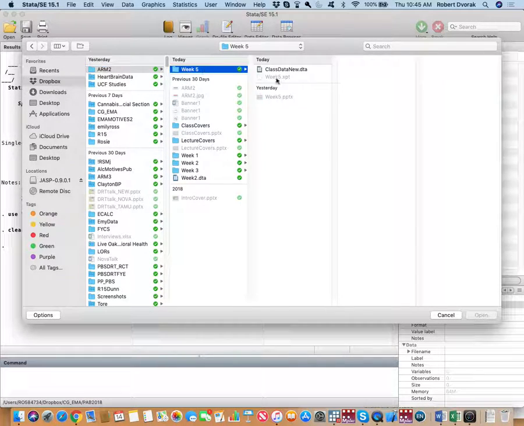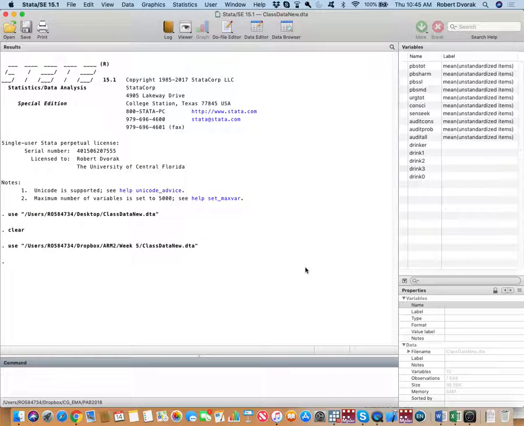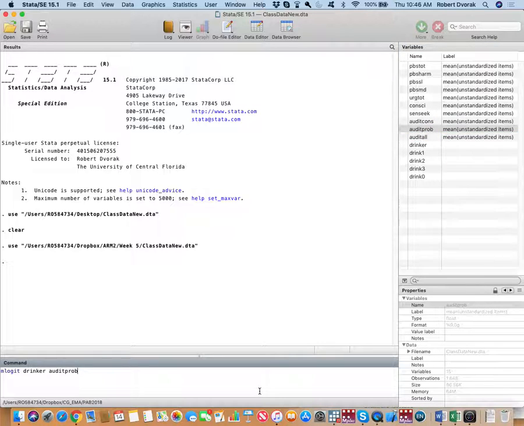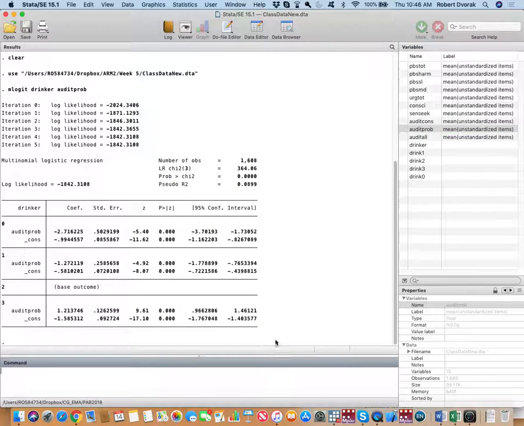Dropbox, ARM2, week 5. Let's do the new. There we go. Logit. Oh, it is giving me roughly the same thing here, isn't it? It gives you an intercept in addition to slopes.